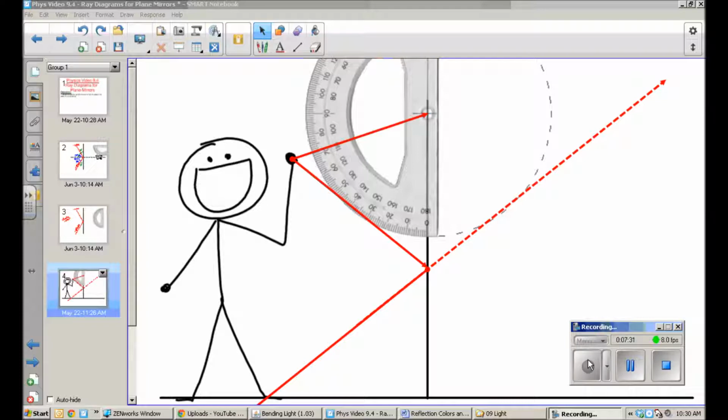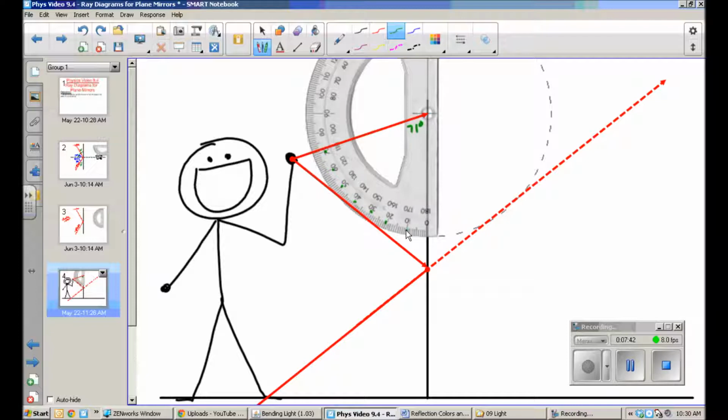All right, so once again, my cheater angle of incidence is 10, 20, 30, 40, 50, 60, 71 degrees. So I'm going to put in my cheater angle of reflection at 71 degrees. Unfortunately, the top of my protractor is off the screen, but imagine starting at the top and counting 0, 10, 20, 30, 40, 50, 60, 71 degrees.